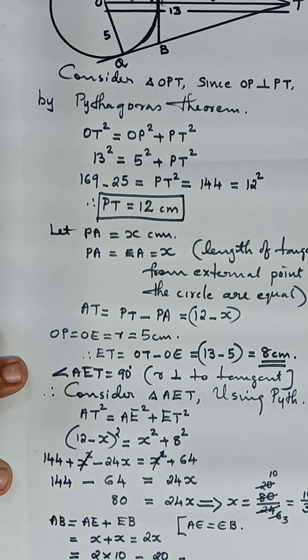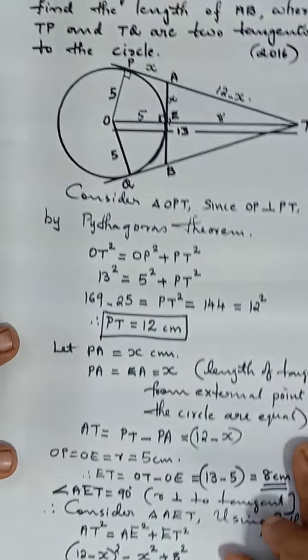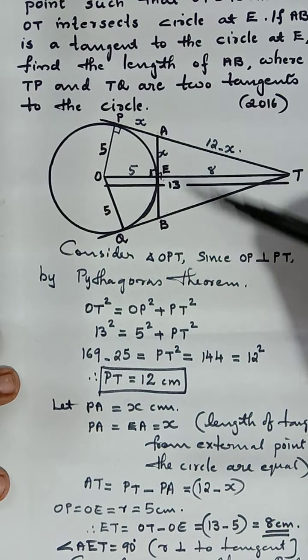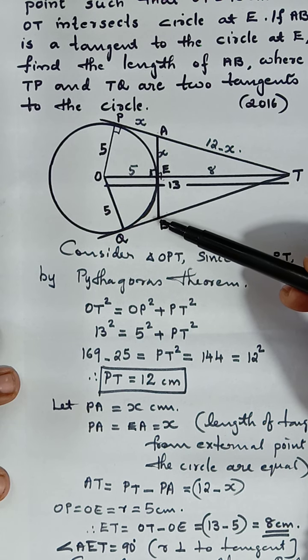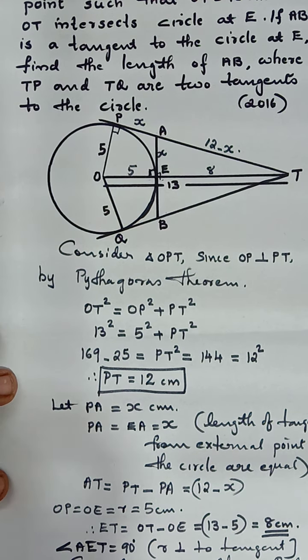How many 3s in 20? 6 3s are 18, plus 2, 20. So 6 2 by 3 centimeter will be the length of this tangent AB. AB is of length 6 2 by 3 centimeter.